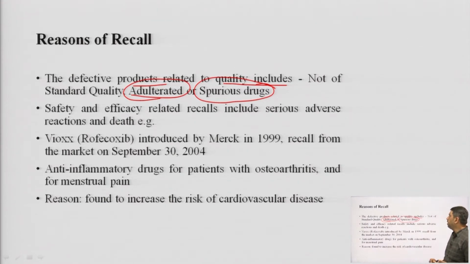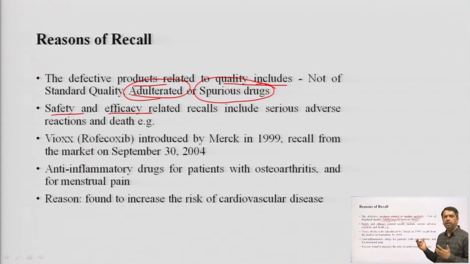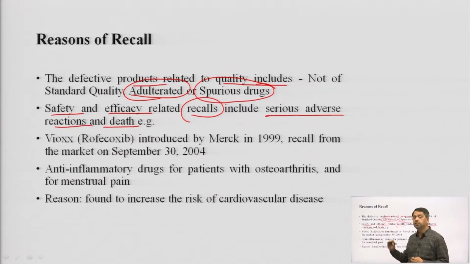This is one of the simple reasons for the recall of a product from the market. Other than this, safety and efficacy is also a reason, as we have already discussed, that includes serious adverse reactions and death.